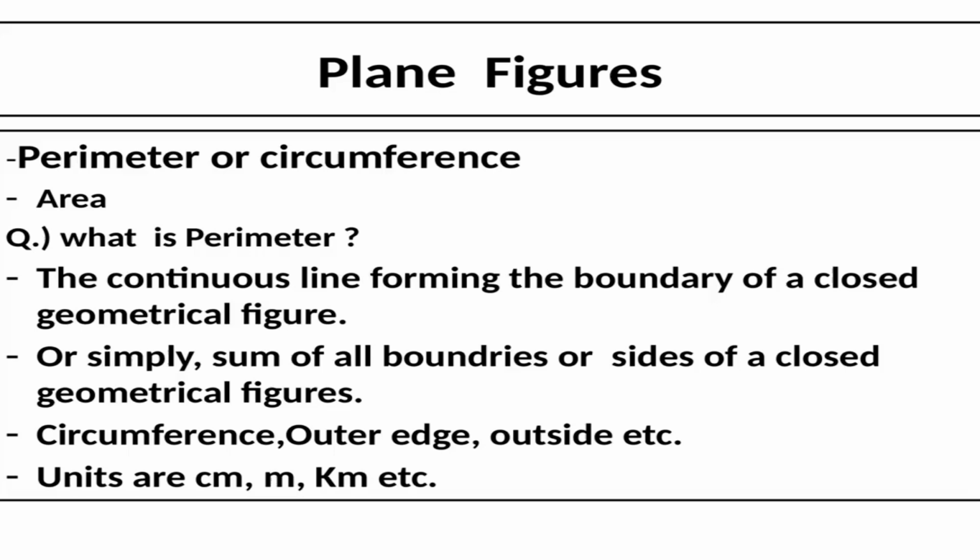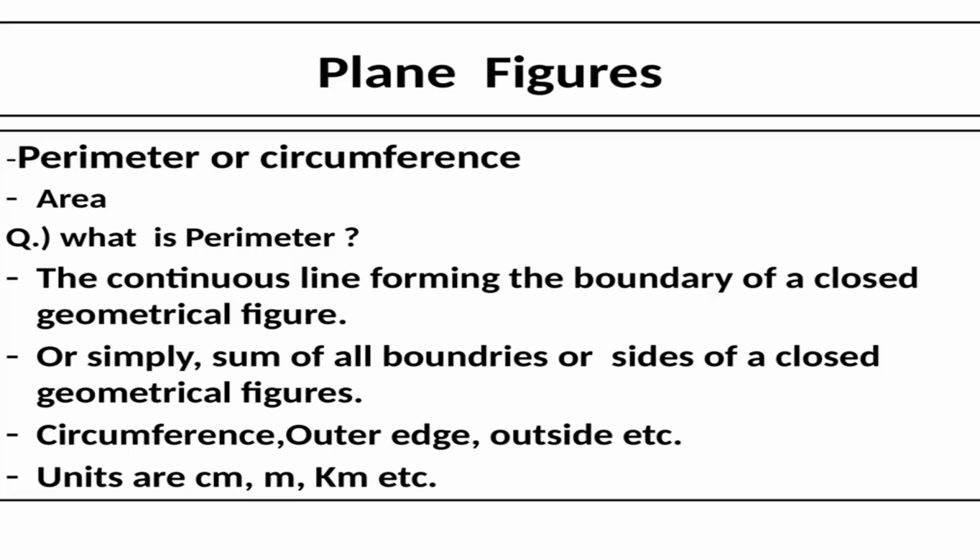Now what is perimeter? Its theoretical definition is the continuous line forming the boundary of a closed geometrical figure. But simply, the sum of all boundaries or all sides of a closed geometrical figure is called perimeter. When you have any plane figure, add all the boundaries, and then you will get the perimeter. I have told you that there is a small difference between perimeter and circumference. The meaning is the same, but the word is used differently.